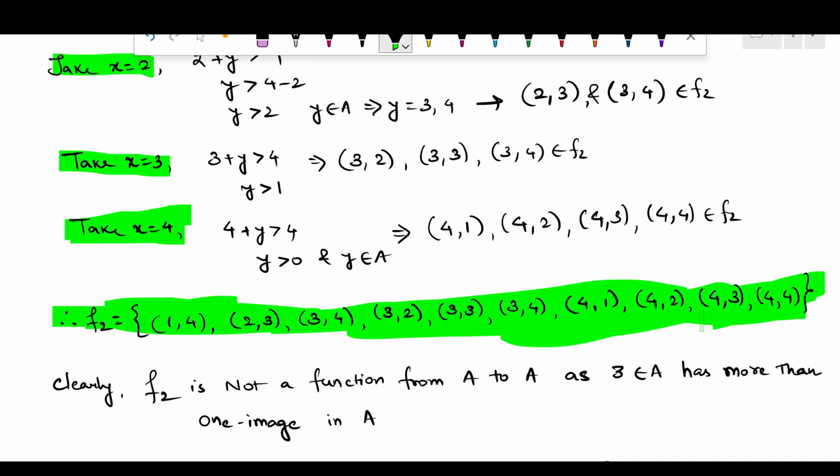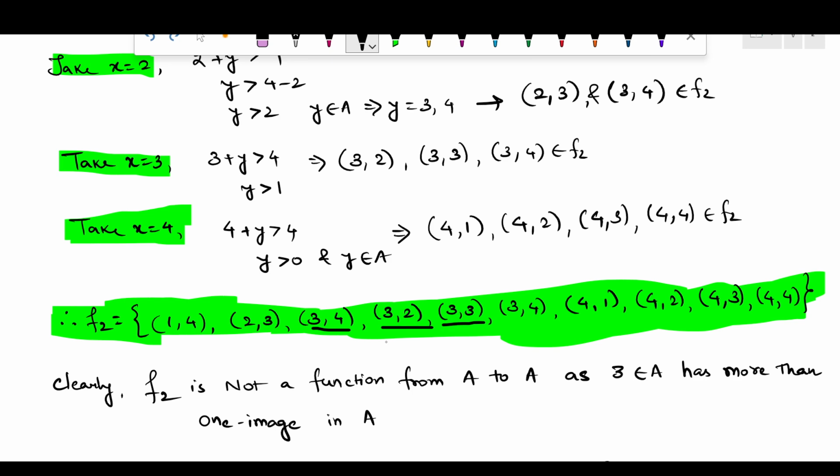Now you observe that in these three ordered pairs, (3, 4), (3, 2), (3, 3), 3 is the first element which is common, right? And we have just learned that no two ordered pairs can have the same first element.